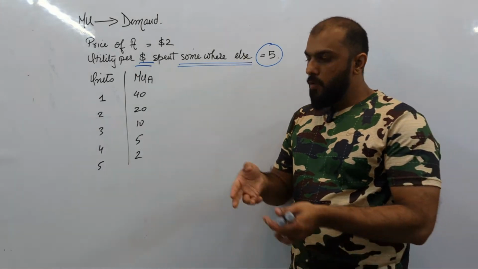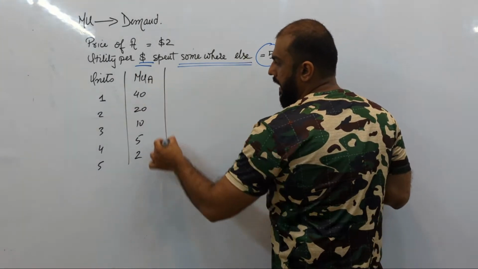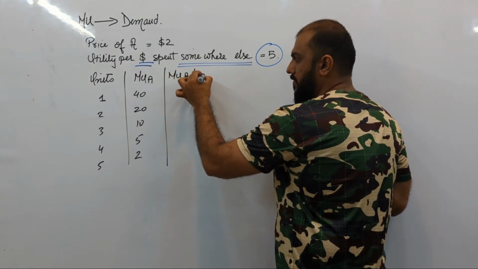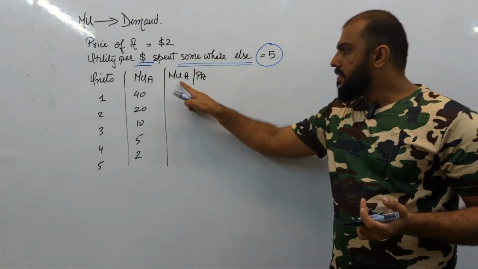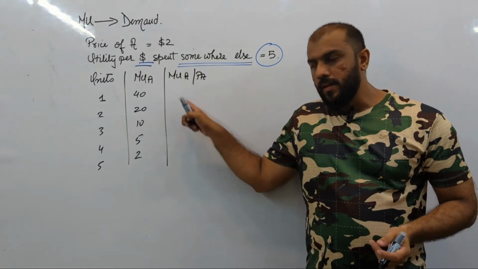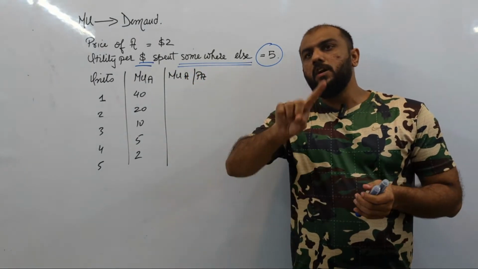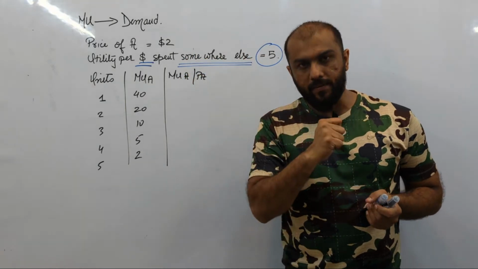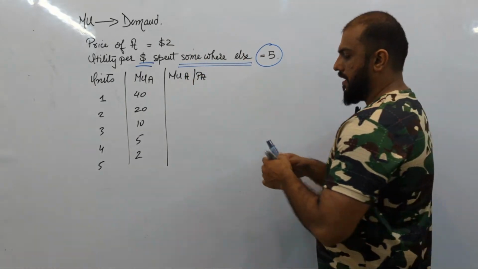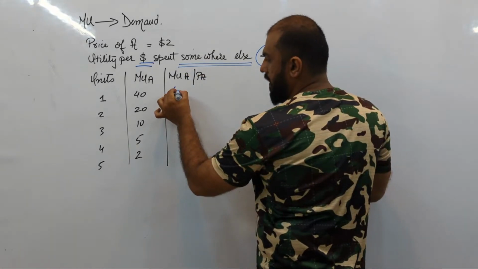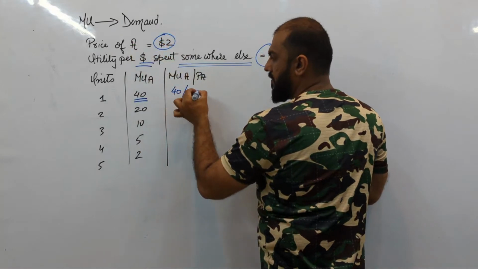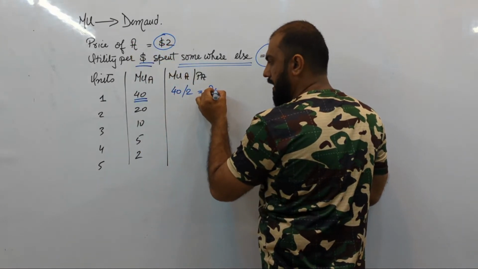Now, in order to answer that question, we need to calculate marginal utility of A divided by price of A. So what basically this would give me is, for every $1 I spend on A, how much satisfaction I get. So for example, if this was 40 because of this, and the price is 2, 40 divided by 2 gives me 20.